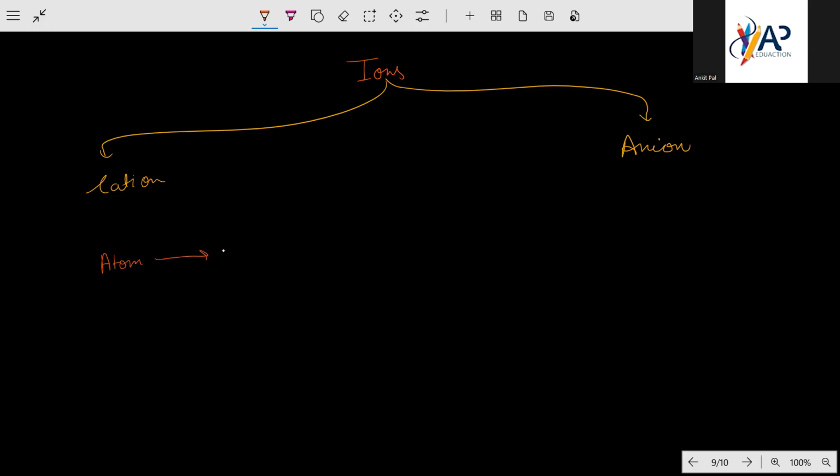If we convert it into an ion, tell me, will the mass be affected or not? Will the mass increase or decrease? And will the size increase or decrease?